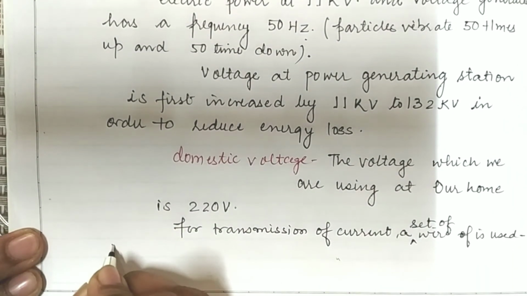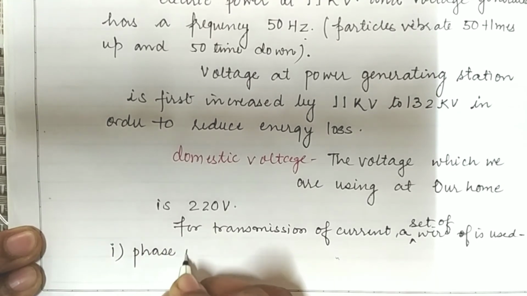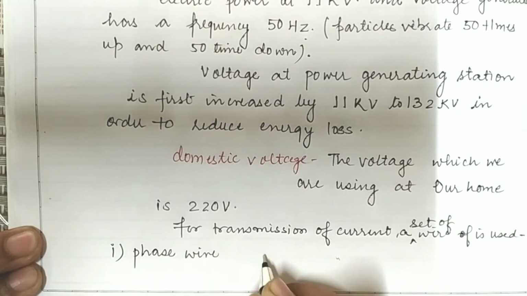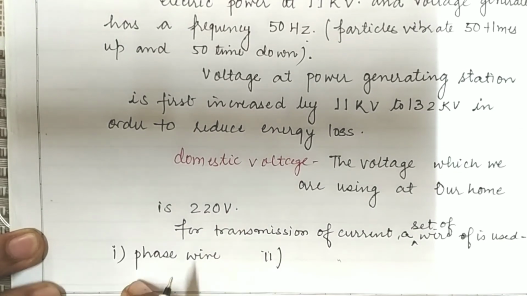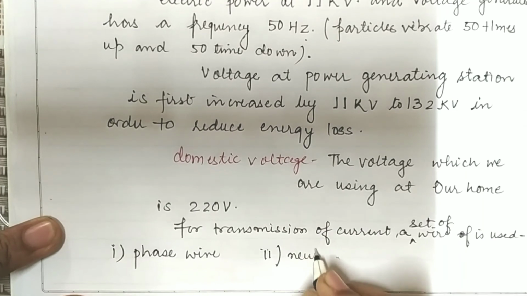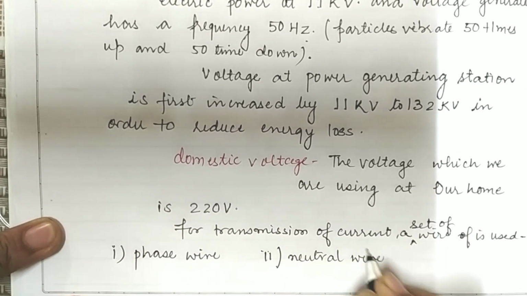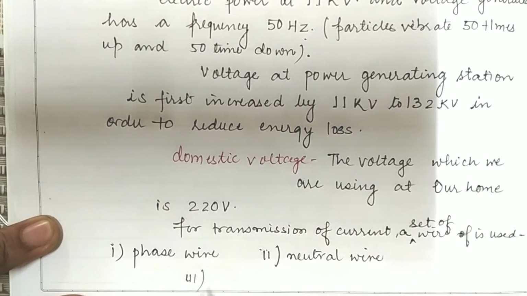The first one is the phase wire, also known as the live wire, the second one is the neutral wire, and the third one, children, is earthing.